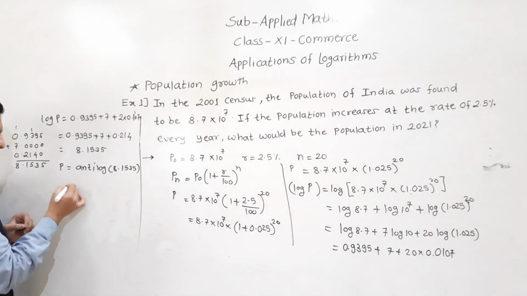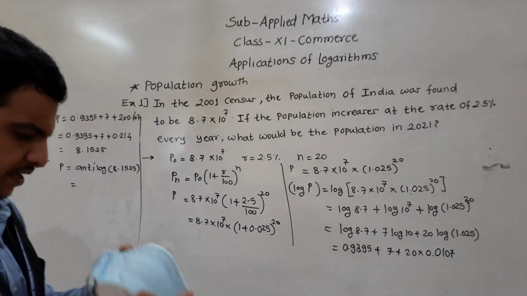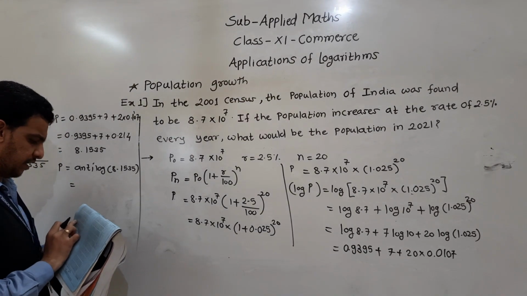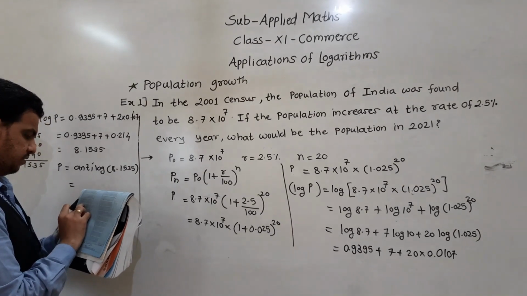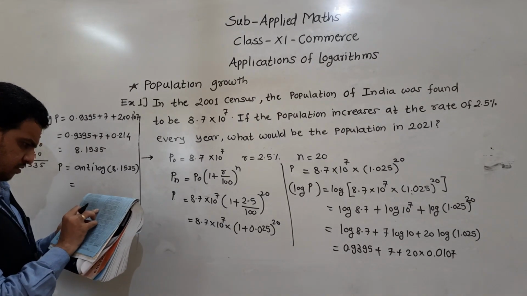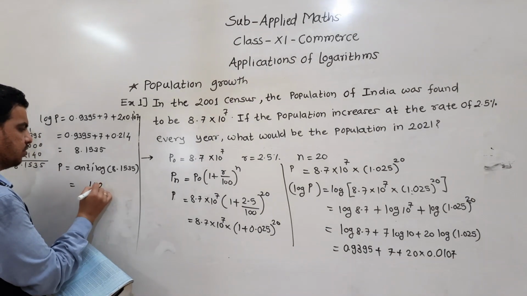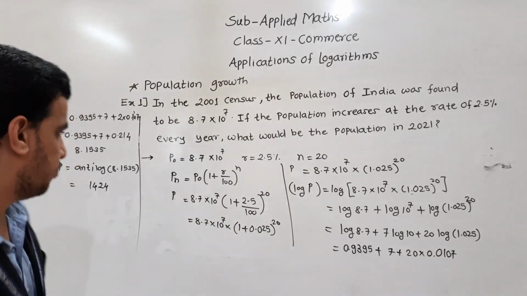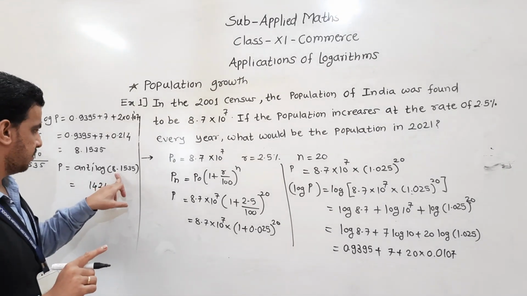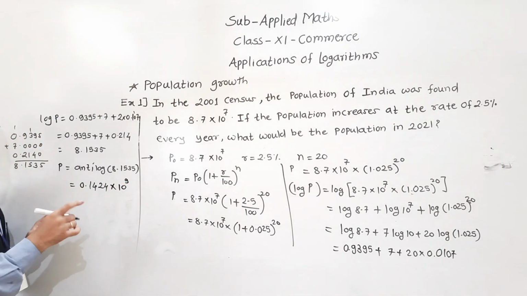So we have to find P, so take antilog on both sides. P is equal to antilog of 8.1535. Here characteristic is 8. Now in the antilog table, 15th row and column headed by 3, and mean difference column headed by 5: 1422 and 2, so 1424. So it is 0.1424. Since characteristic is 8, we write 0.1424 into 10 raised to 9, 8 plus 1.